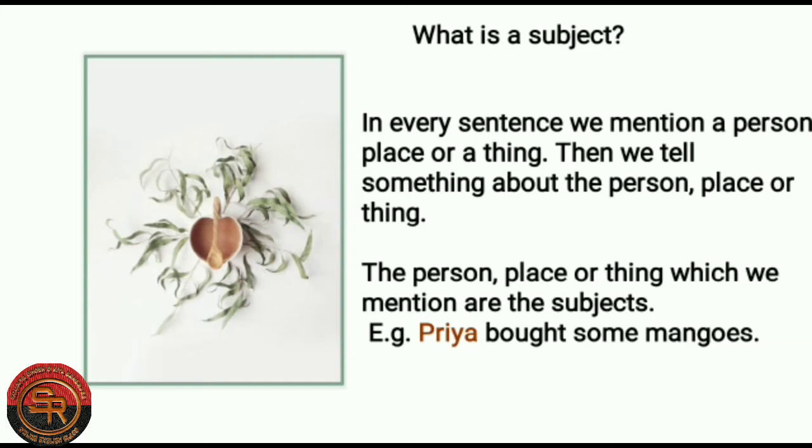Here, who bought some mangoes? The answer is Priya. In a similar way, if we ask the question who or whom or which, and we get the answer as a noun or noun equivalent, then we can say that is the subject used in the sentence.